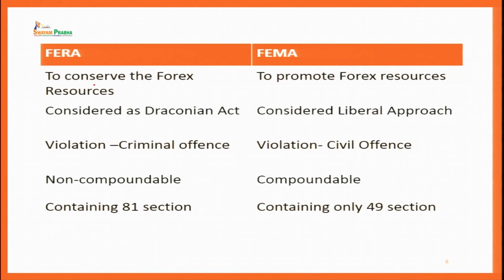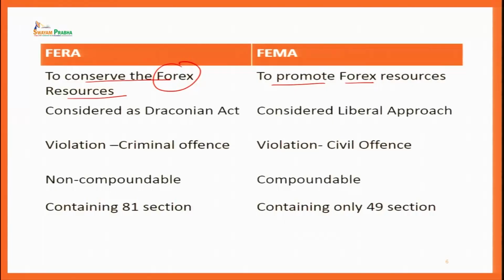Right. So FERA was used to conserve the forex resources. Forex is foreign exchange resources, and its purpose was to conserve them, that means they were holding the foreign reserves, whereas here they are promoting more foreign exchange. There should be circulation, or flow, of foreign exchange in the country.